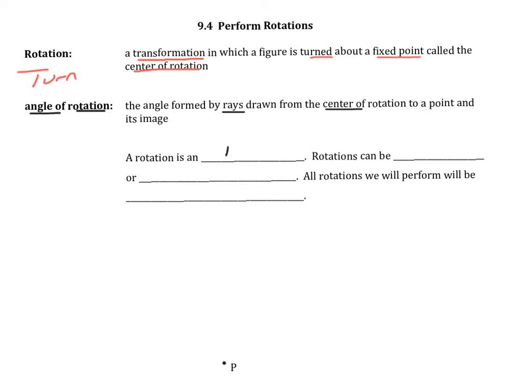So as we said, a rotation is a turn, and rotations can be clockwise, or they can be counterclockwise. So obviously clockwise is going with the direction that the clock moves.